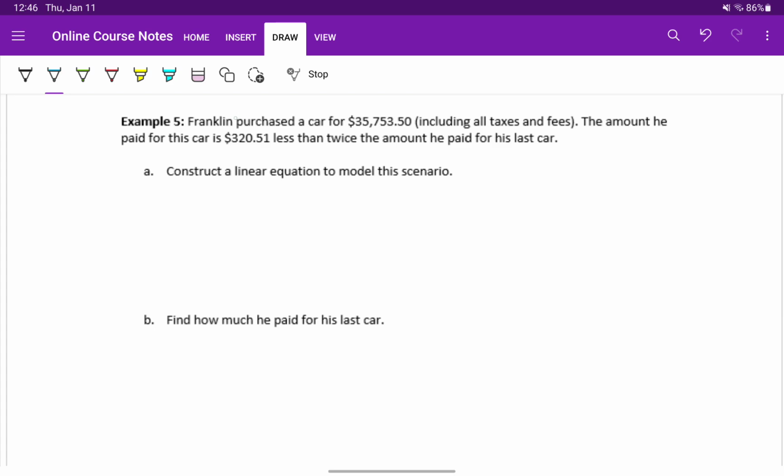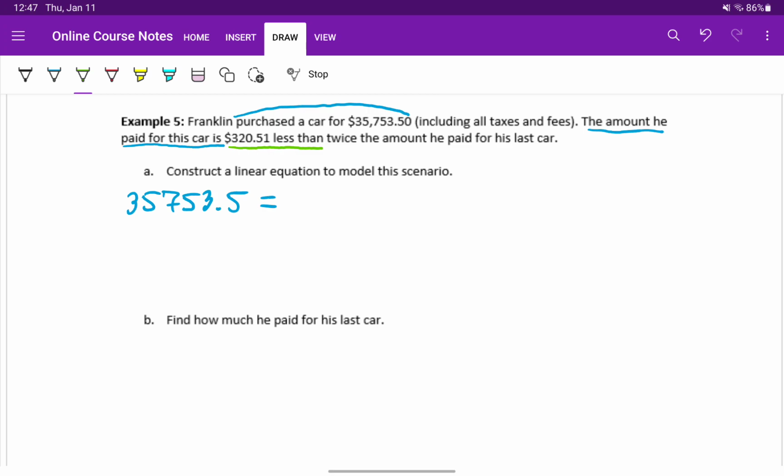In this case, we're given the purchase price for that new car, and in the next statement we're told the amount he paid for this car is, so again that's that key word letting us know where that equal sign pops in. So this will be 35,753.5 equals $320.51 less than.